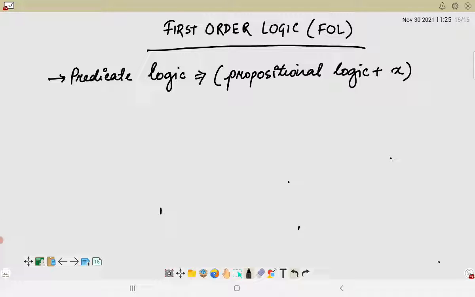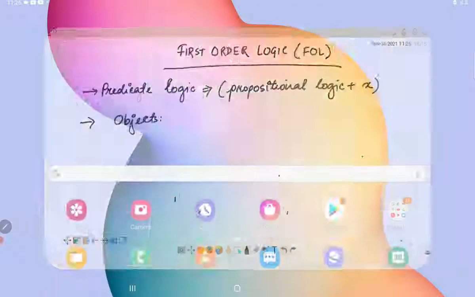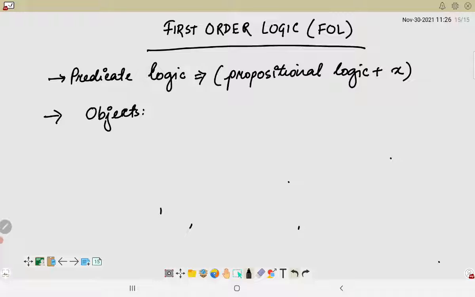Now, it is sufficiently expressive to represent natural language statements in a very concise way. The next important point is that it does not simply depend upon the facts of the world, as we have seen in propositional logic, but it also assumes other parameters associated with the world, like objects, for example A, B, or numbers.